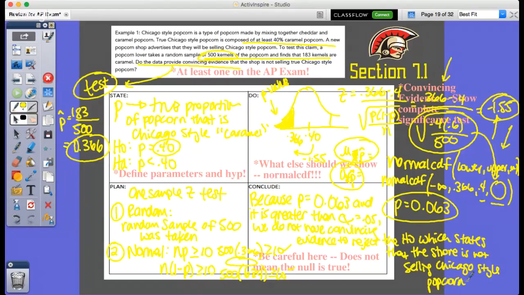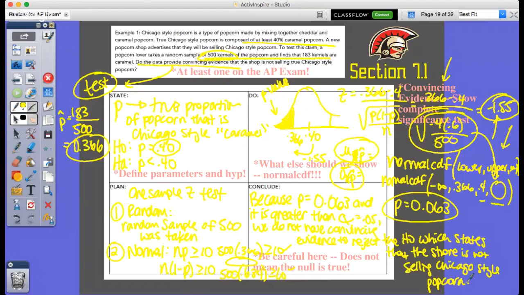Again, am I saying that they are selling Chicago style popcorn? No, I'm not. I just don't have convincing evidence. All I'm saying is that we do not have convincing evidence to reject the null, which states that the store is not selling Chicago style popcorn.